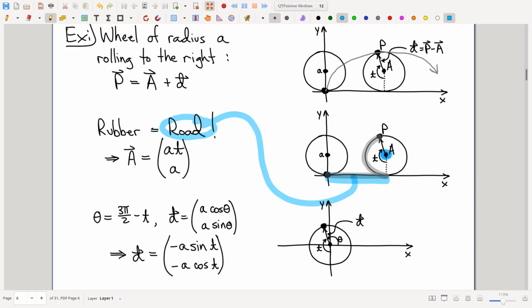Right? As this wheel has rolled along, the wheel started with the rubber touching there, the rubber was touching there, and at this moment the wheel is touching there. So this is the amount of road that has touched rubber, and I argue that the amount of road that has touched rubber is equal to the amount of rubber that has touched road. You just have to think that through physically. This is not a mathematical argument. This is a physical appeal.